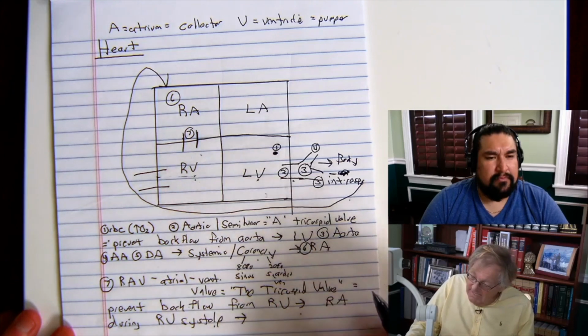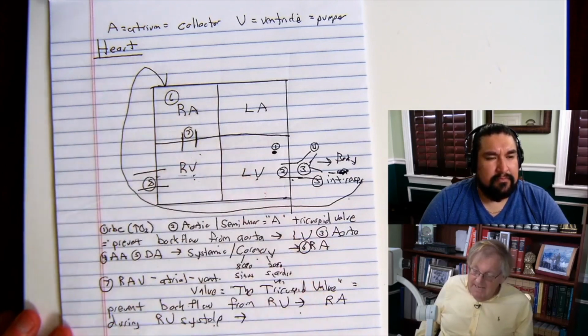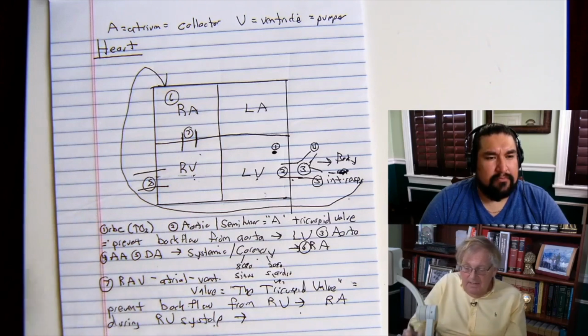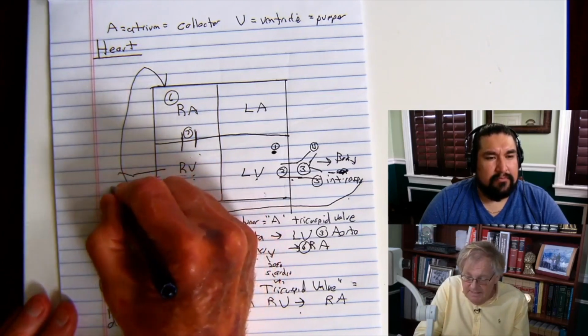that's number 8, I believe. And number 8 now is going to be the valve between the right ventricle, and of course this here is really going to be the pulmonary trunk sitting out here.